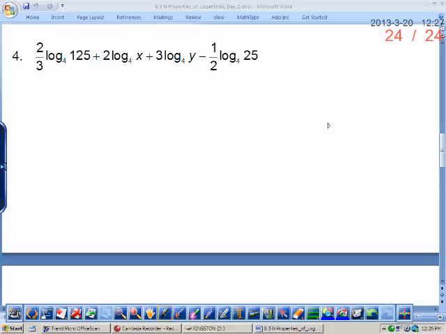Could you simplify? No. The properties that we learned yesterday only work with logs of the same base. All right. Start by dealing with your coefficients.